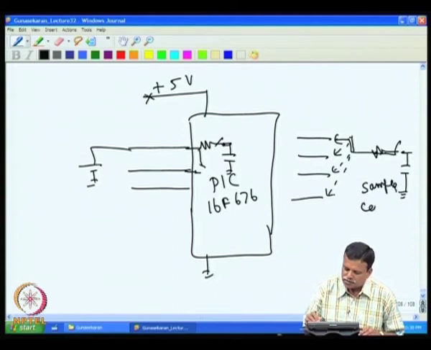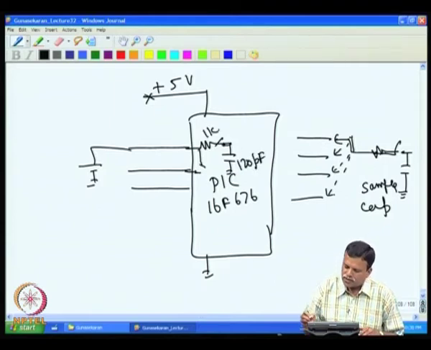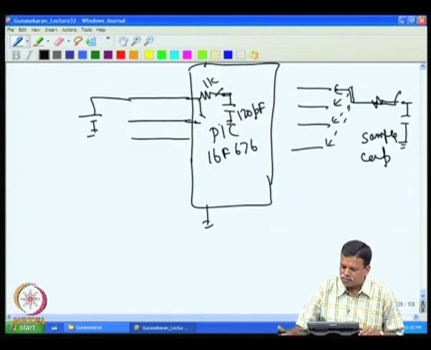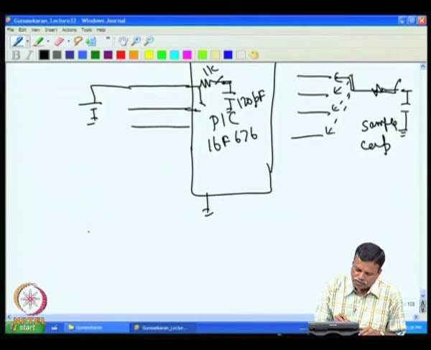For example, in the PIC about 120 pF of capacitor is there, and about 1K resistance is there, and the switch has some resistance. Considering this, the equivalent circuit of the PIC microcontroller A to D looks like this.